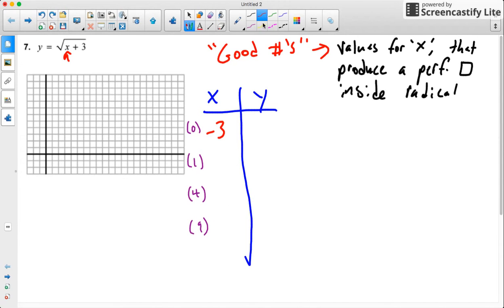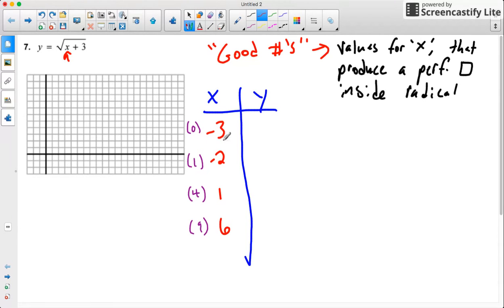So let's keep going here, and we're looking ahead to see what x values I can use. So if I plug in -2 for x, that's going to produce -2 plus 3, which is going to be my 1. Next good number, if I put in a 1 for x here, I'm going to get a 4 out. And then finally, I want this whole thing to equal 9. So I'm seeing a 6 is going to go in there.